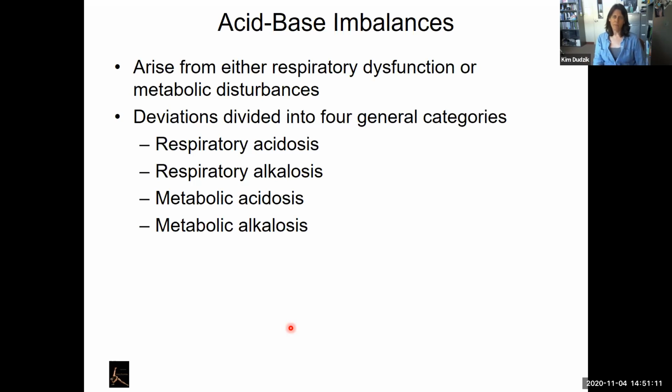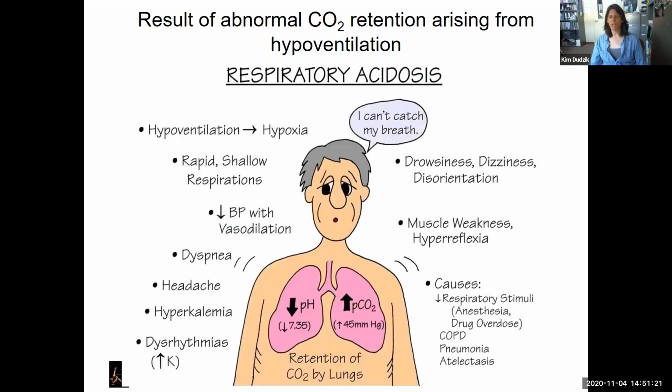If it's from the chemical reactions in our cells, then that's metabolic, again whether it's acidosis or alkalosis, as the case may be. So here are some case examples. Respiratory acidosis results from abnormal carbon dioxide retention, usually arising from hypoventilation.